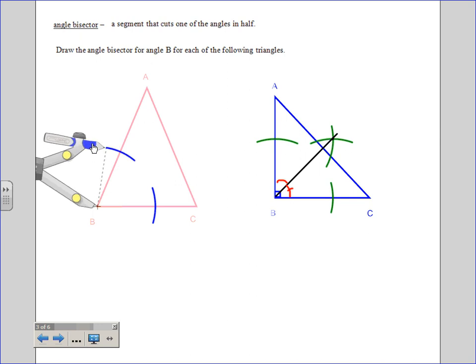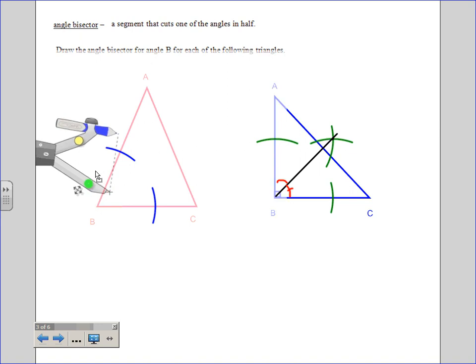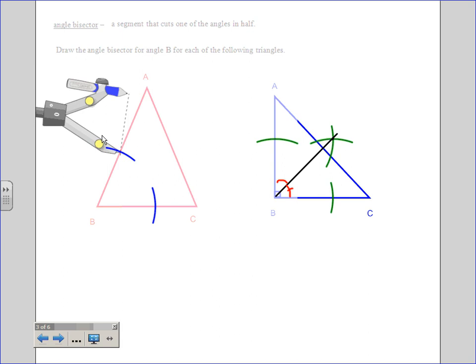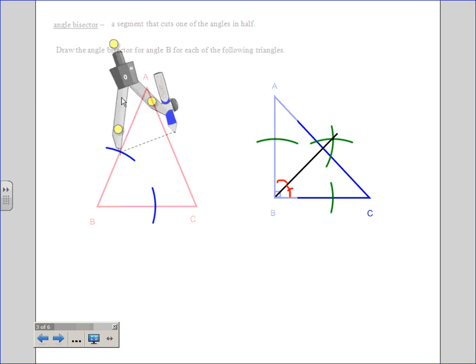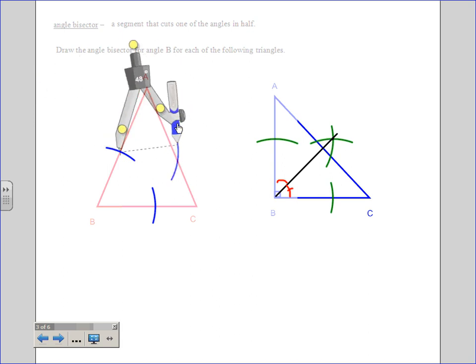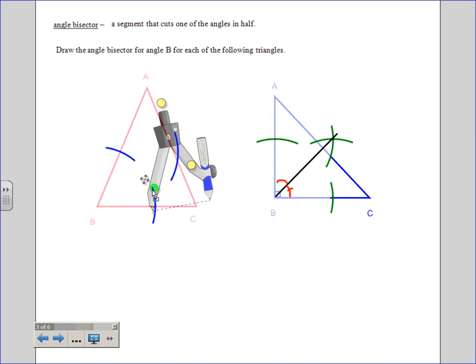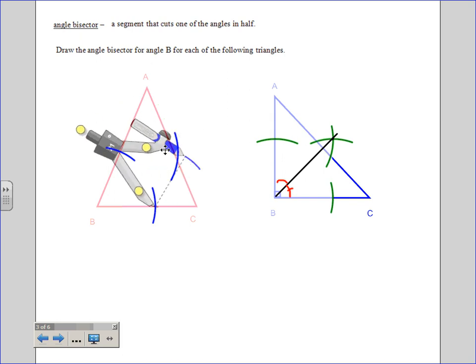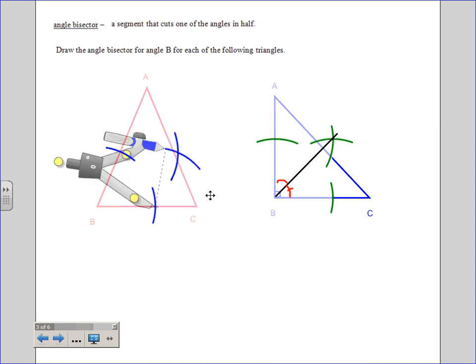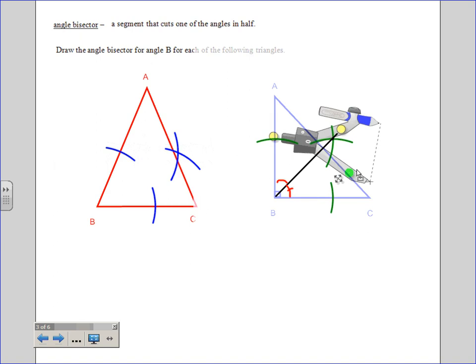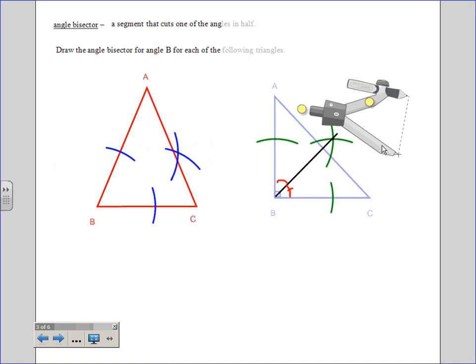And so what do I do for my setting now? Go halfway or something like that? No, you just keep it, right? Nope, don't mess with it. And there it is.